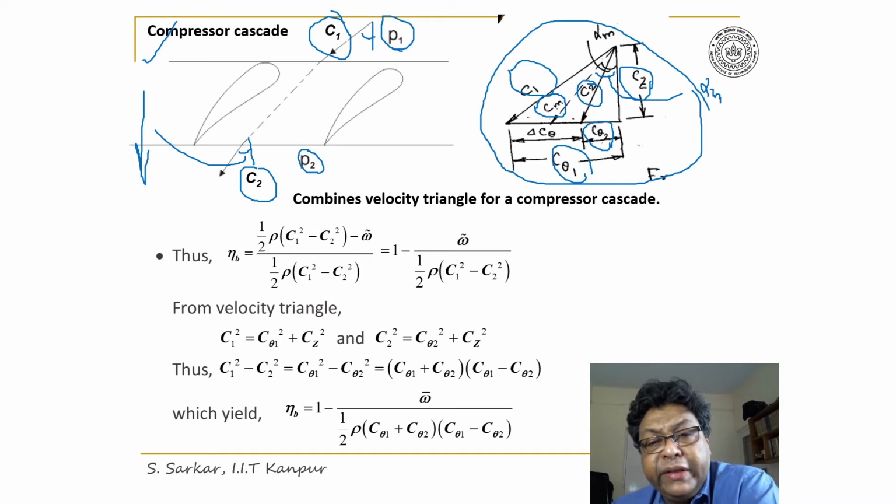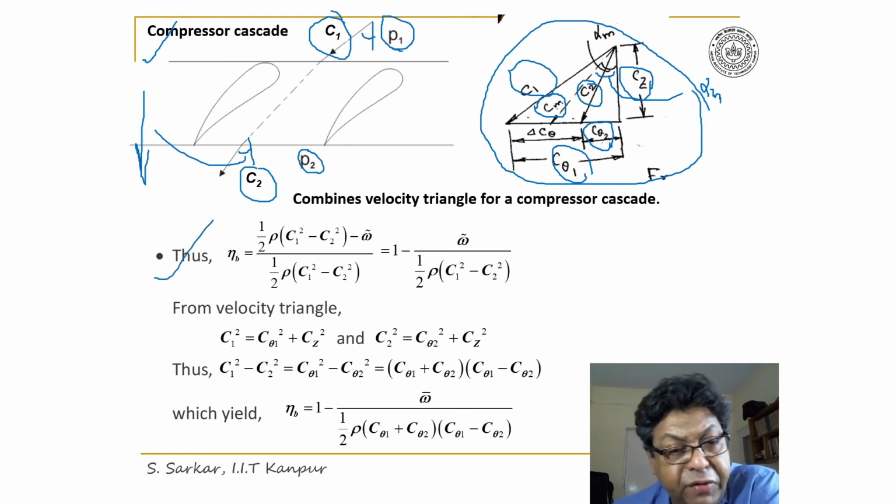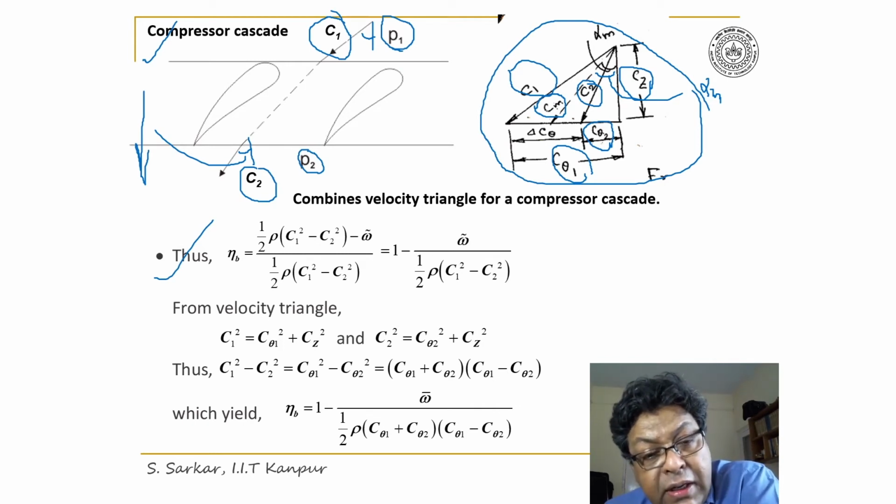After appreciating the velocity triangle, I can come to the expression for eta b. Eta b now is the ideal pressure rise minus loss, divided by the ideal pressure rise for a compressor. Loss is given by the quantity omega tilde, and the ideal pressure rise can be stated as half rho C1 square minus C2 square.